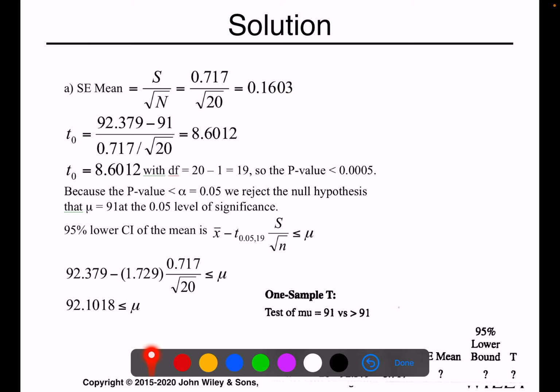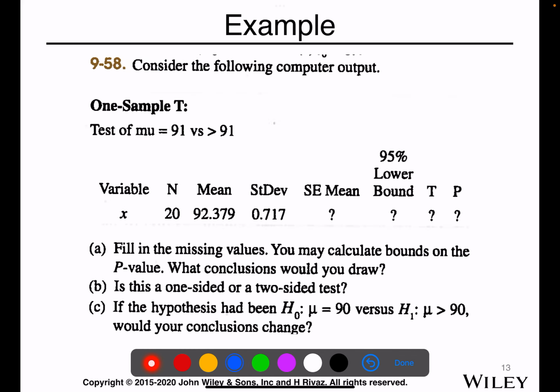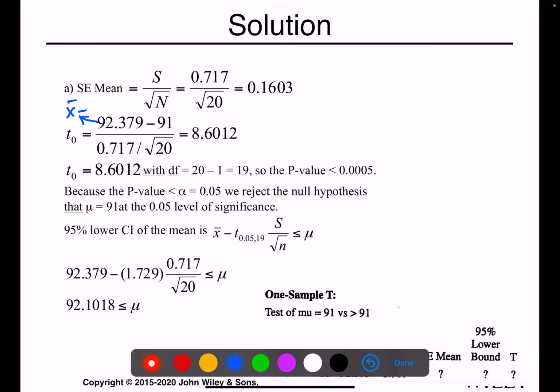And t will be x bar minus mu, the mean was, I guess, 91, if I go back, yes, 91, divided by the standard error. So T0 is going to be 8.